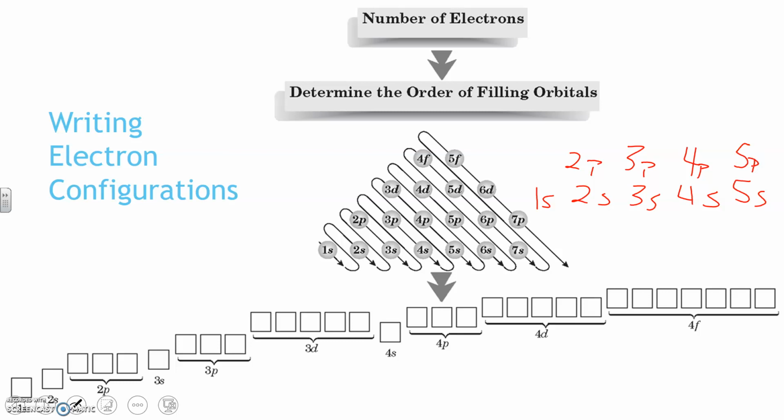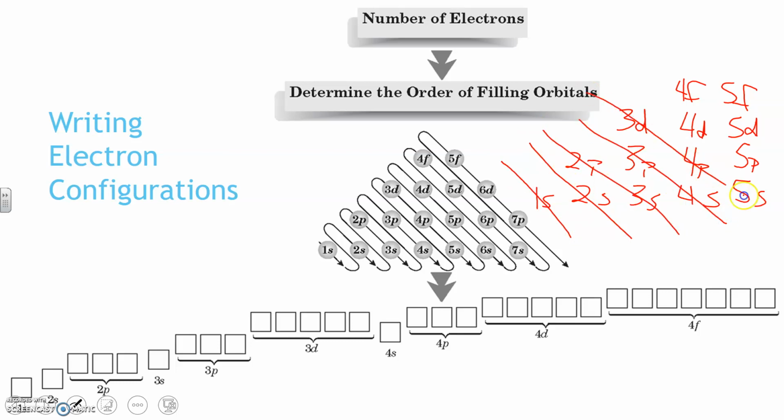And then D starts at 3, so 3d, 4d, 5d. And your F starts at 4, so 4F and 5F. Then you just start drawing lines that go diagonally from the top all the way through. And then you write them out in the order that you contacted them.